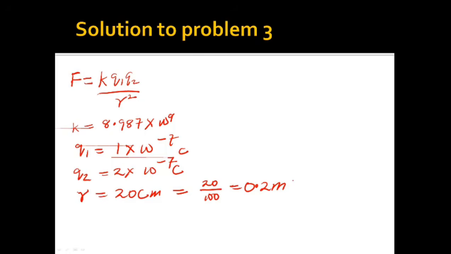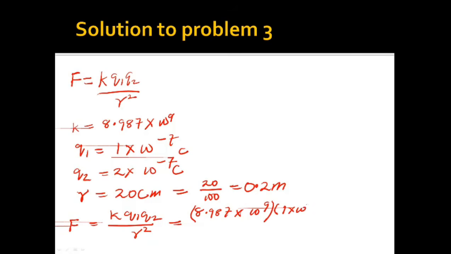Now, from that point, we've already gotten what we wanted. So, placing our equation back, F equal to K Q1 Q2 all over R squared is equal to 8.987 times 10 raised to power 9, bracket close, then times Q1, which is 1 times 10 raised to power minus 7, while Q2 is 2 times 10 raised to power minus 7.